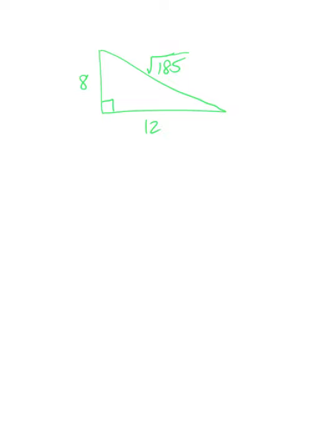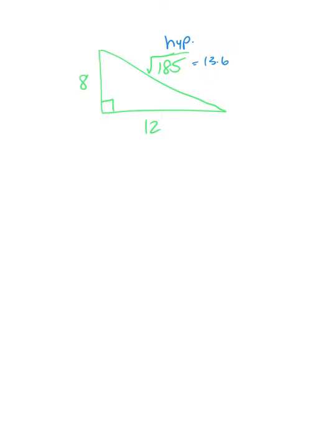The hypotenuse is always the biggest guy. So what is the square root of 185? 13.6, yes. So since this is 13.6, this guy is the hypotenuse, okay? Or it could be. We're going to see if it is. But that's the biggest side.